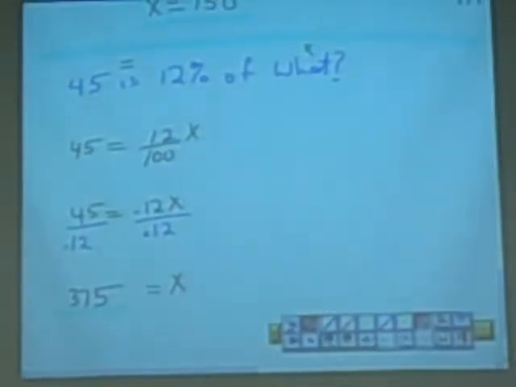Alright, let's go on to a new page. And on this next problem, let's say that we're working with 5 is what percent of 2500.